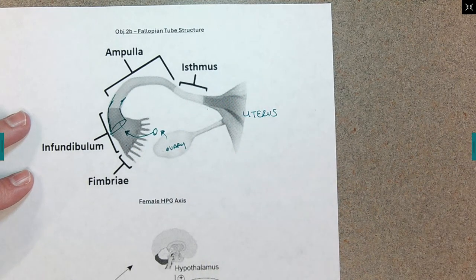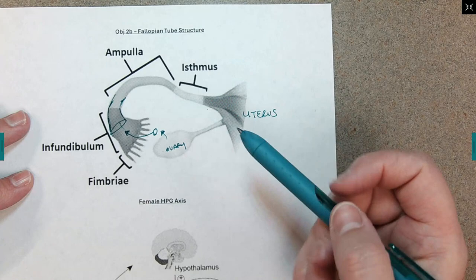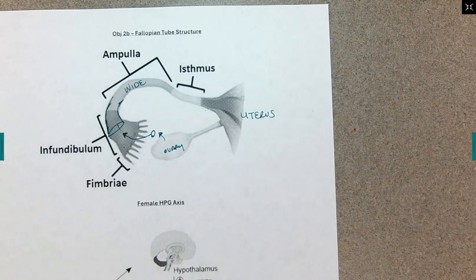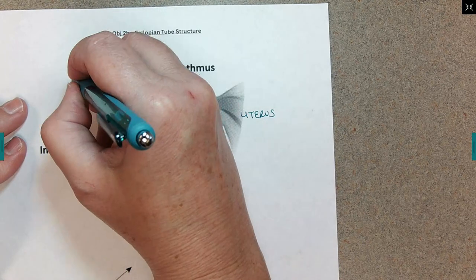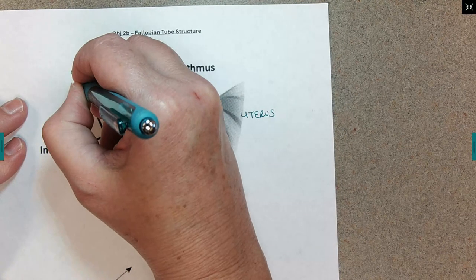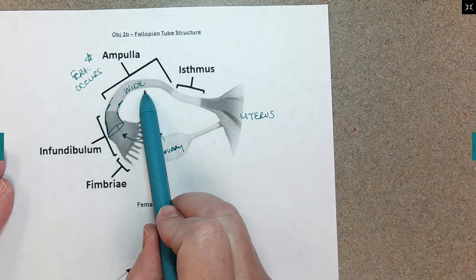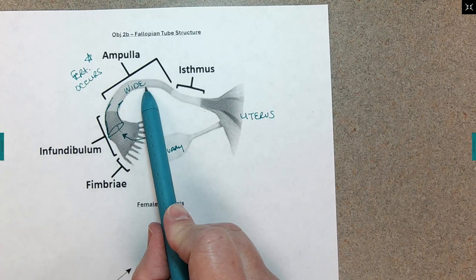The ampulla, this is going to be the widest section of the fallopian tube, and this is actually where fertilization occurs. Now, we knew that fertilization occurs in the fallopian tube, but specifically it's going to occur in the ampulla part, most of the time.